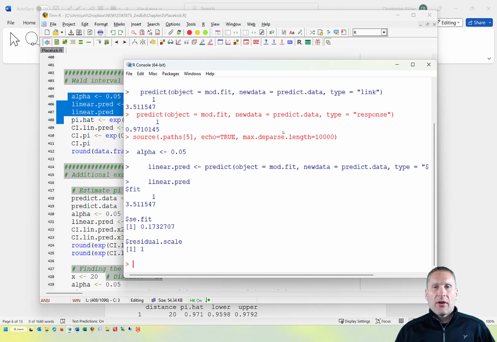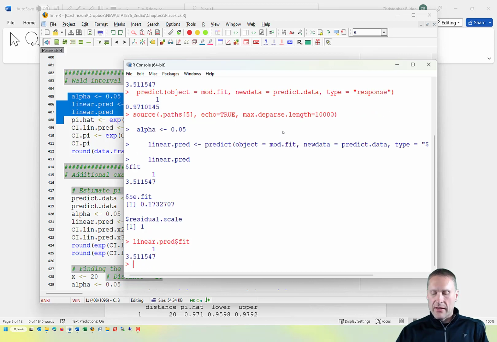So linear.pred has a little bit of a different format from what we saw just a few minutes ago. It's actually in a list format, and I would like to be able to type it. So if I say linear.pred$fit, there is my beta hat 0 plus beta hat 1 times 20.